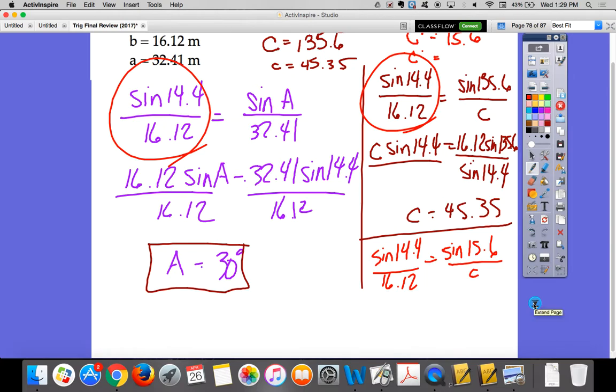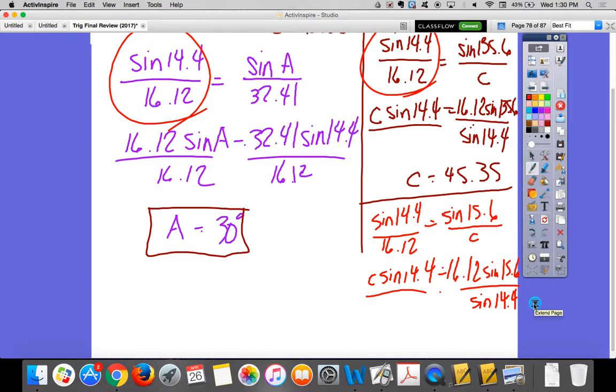If I do that, I'm going to have c sine 14.4 equals 16.12 sine 15.6 all over sine 14.4. I'm running out of room here. It's just a matter of typing it all in. So 16.12 times sine 15.6, enter, divided by sine 14.4.